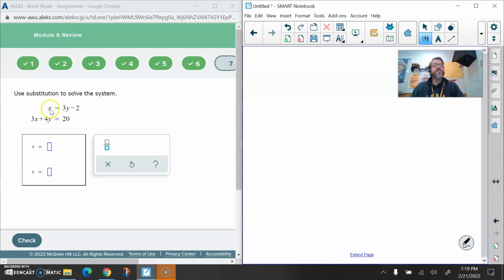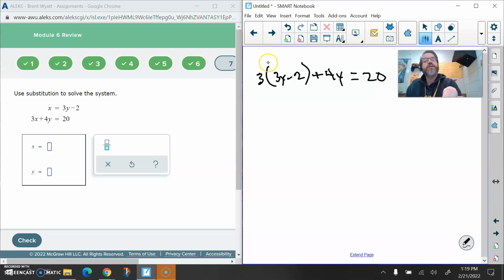Since I'm told x equals 3y minus 2, let's put 3y minus 2 in place of the x here and just rewrite that second equation. So 3 times x, that's 3 times 3y minus 2, goes in place of the x, plus 4y equals 20.